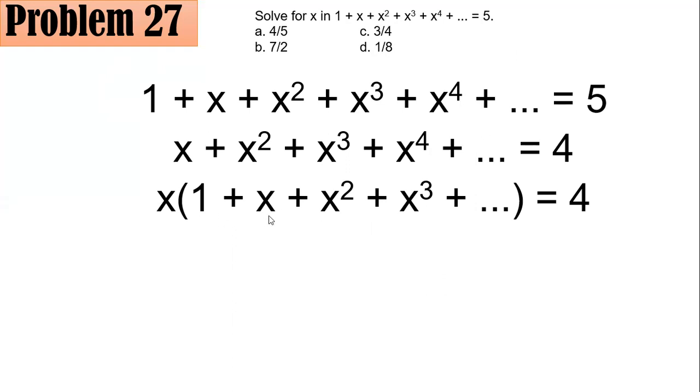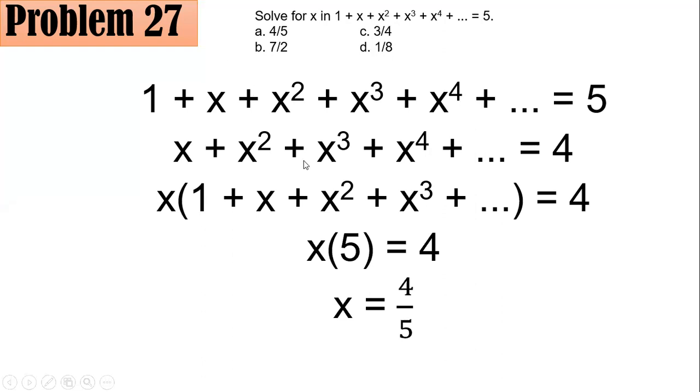Hence, 1 plus x plus x squared plus x cubed and so on is also equal to 5. So you might think, sir, there's no x to the 4th. No, this continues to infinity. So there is x to the 4th, x to the 5th, and so on. So this is just equal to 5 and should be substituted by 5. Hence, the expression becomes x times 5 equals 4, and dividing both sides by 5 will give you 4/5. Hence, the value of x is 4/5, and that is letter A.